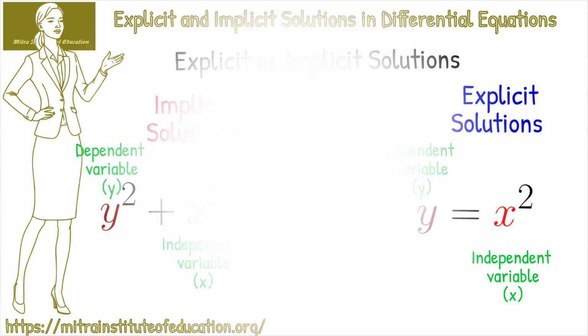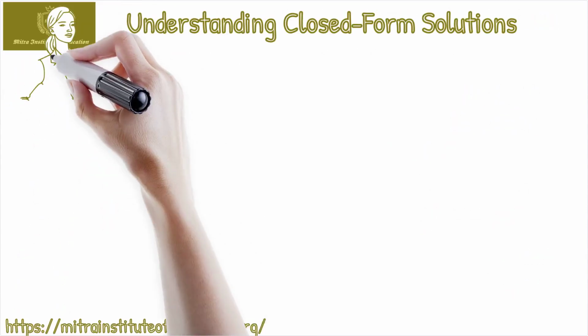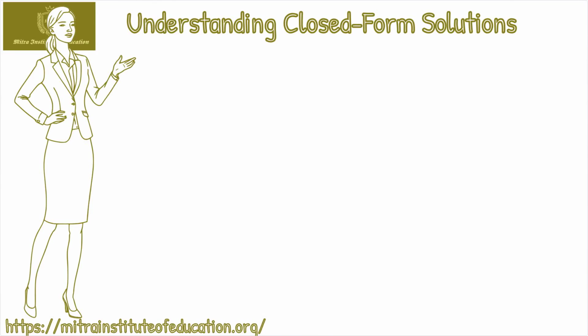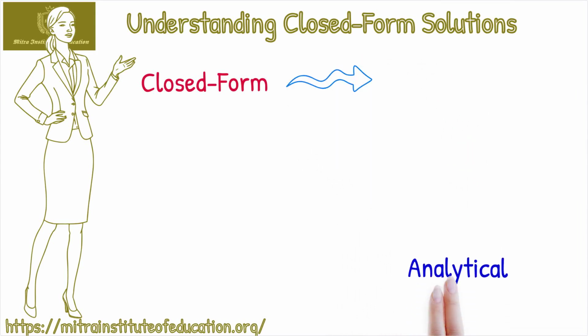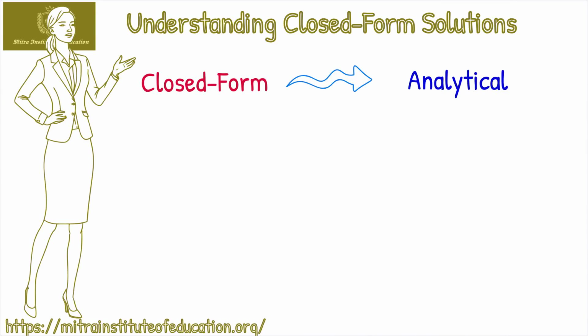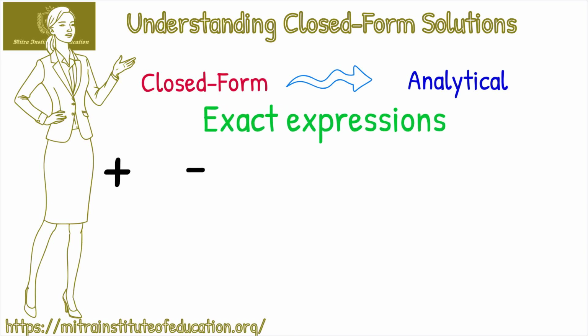When we solve differential equations, one of the solutions we can find is called a closed-form solution or analytical solution. These solutions give us exact formulas for the variable we're solving for, using a finite number of basic mathematical operations like addition, subtraction, multiplication, division, and exponentiation.